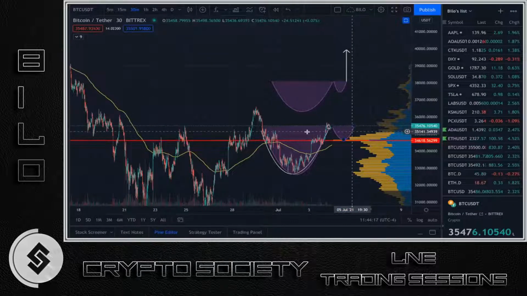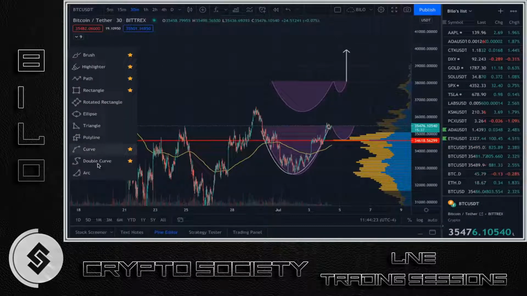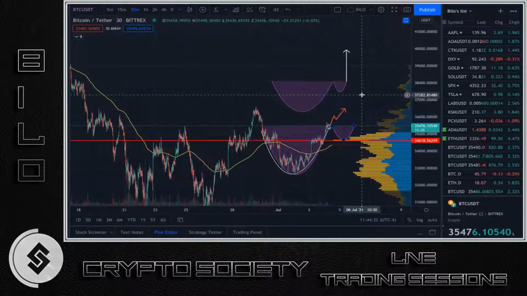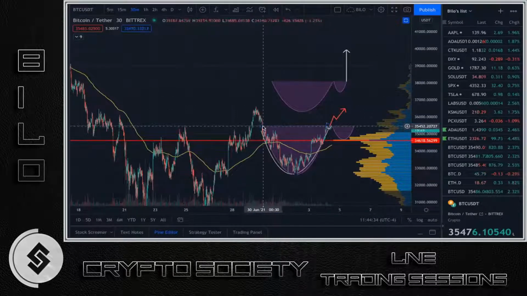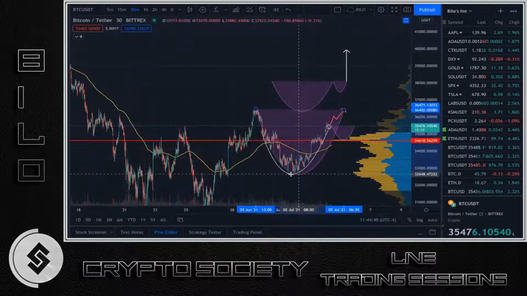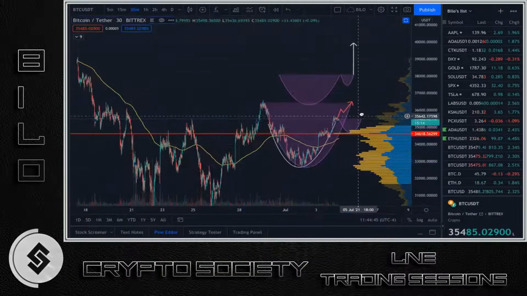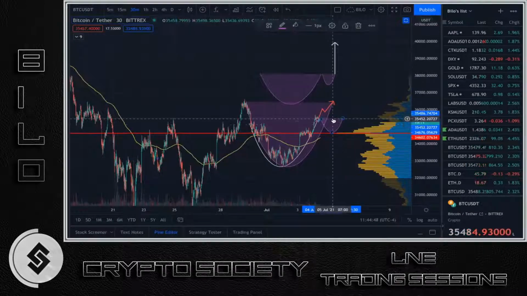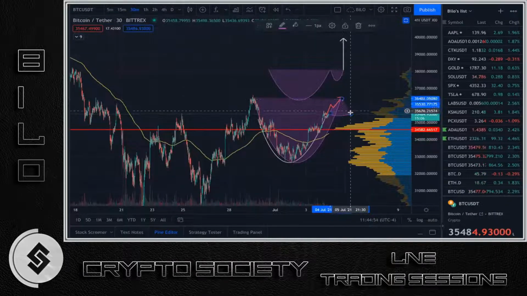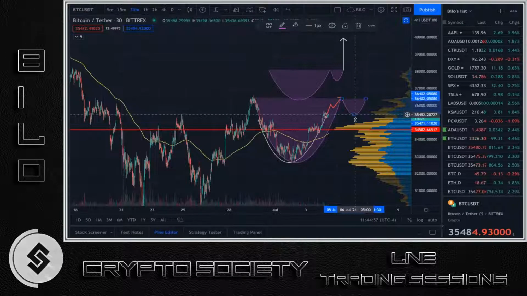The third option is we might see Bitcoin continue on its path up, let's say up to here. If it does that, then this is our nicest possible cup and handle. I'm not drawing this right, guys, but you get the idea. And then we dip, we could dip all the way down to here.